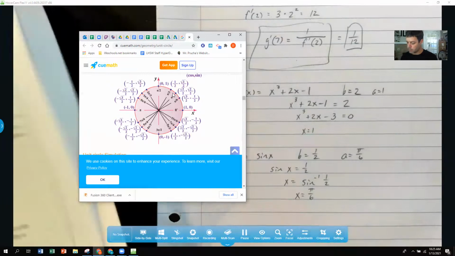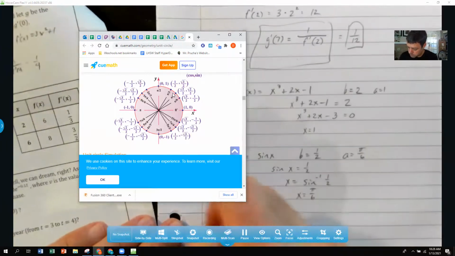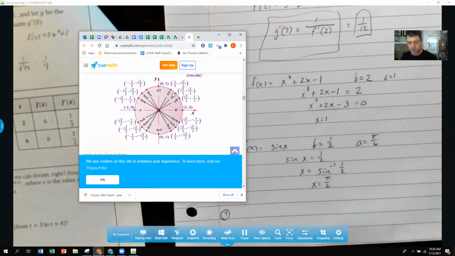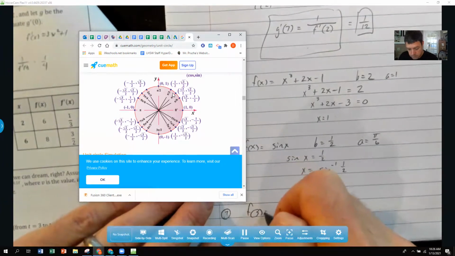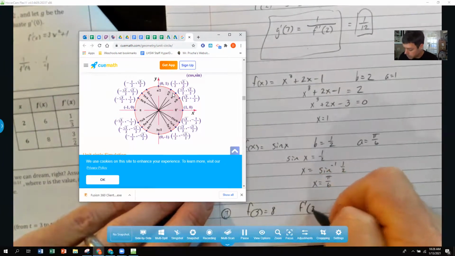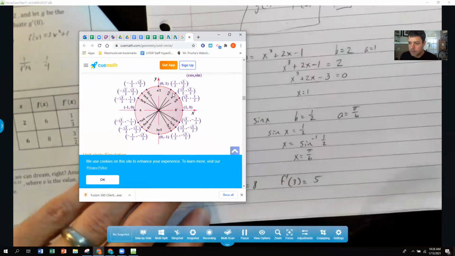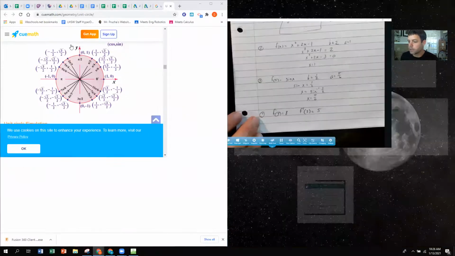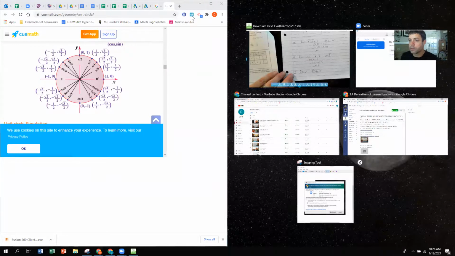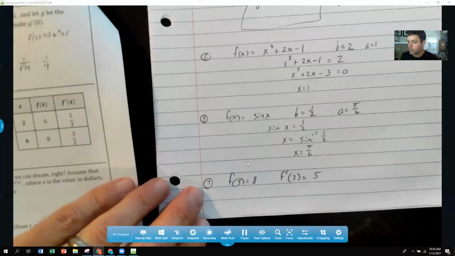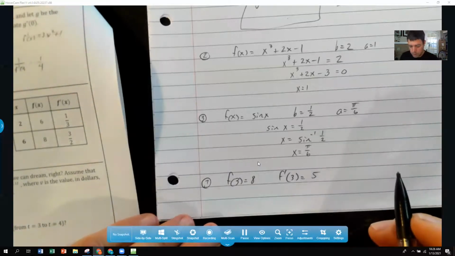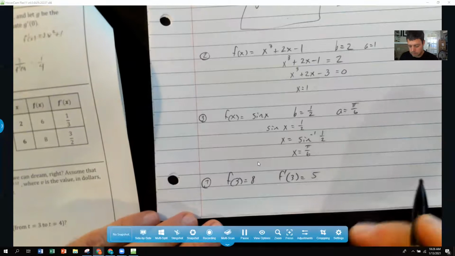Well, I do want to mention one thing on number 7. Number 7 says if f of 3 equals 8 and f prime of 3 equals 5, what do you know about f prime?